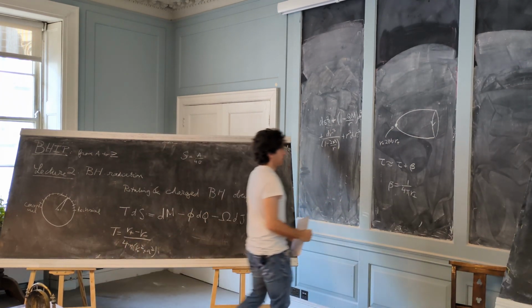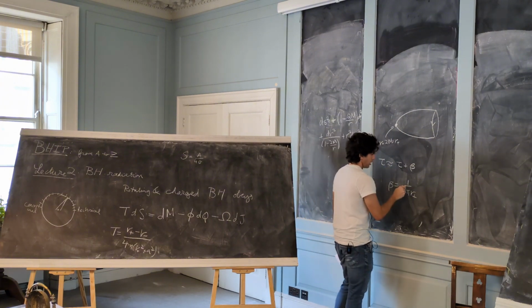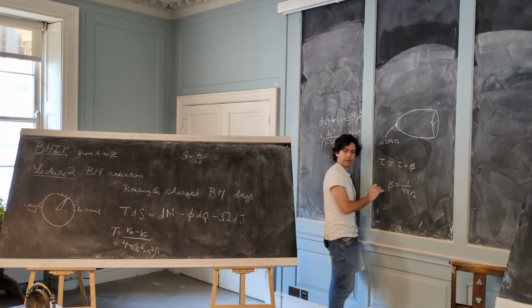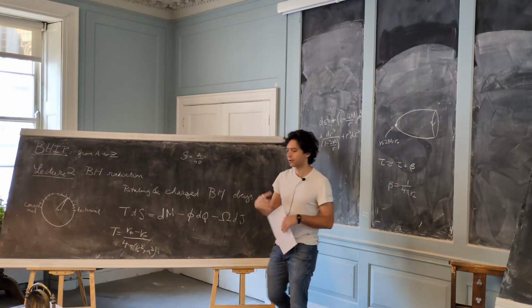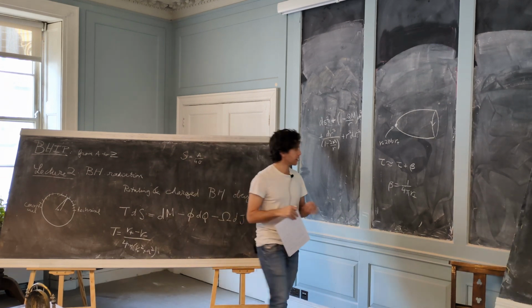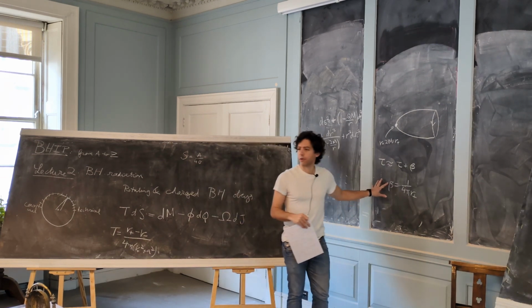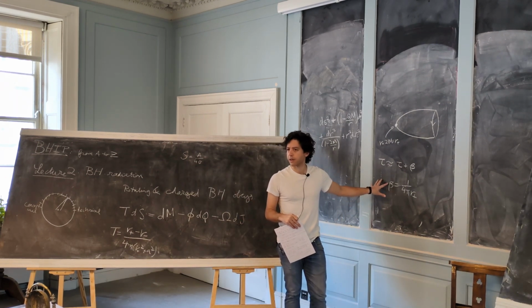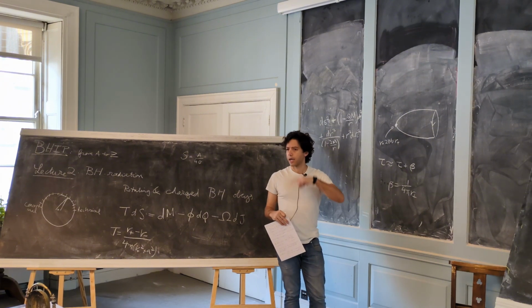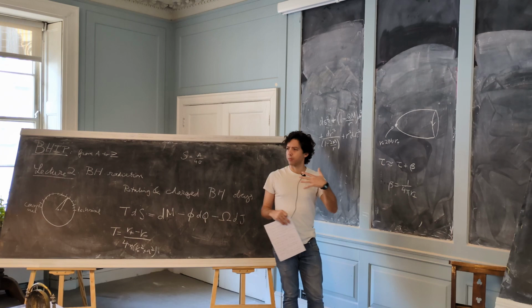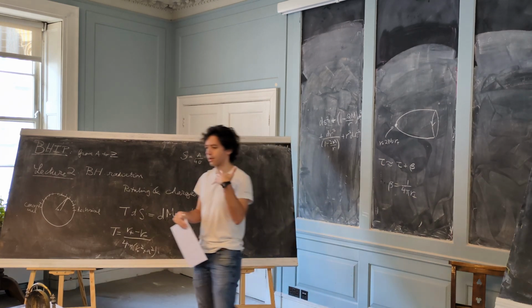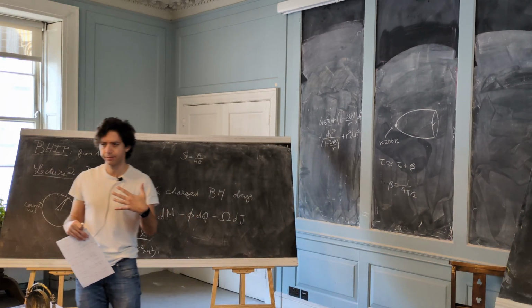So, the reason that we have a natural inkling to associate this with a temperature comes from the fact that when I look at the Euclidean path integral and I identify the Euclidean time coordinate, then naturally I'm computing a trace, and the trace is something that I compute in a thermal ensemble.